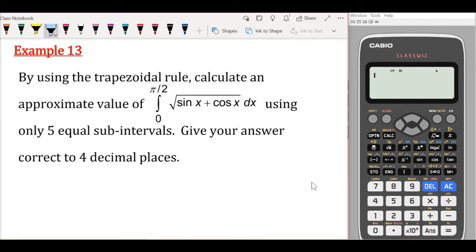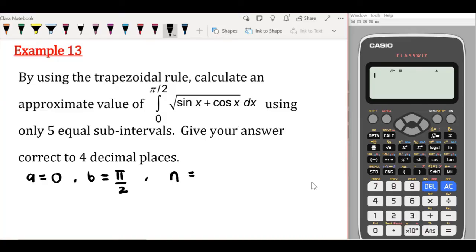So based on the formula, before we start computing, we must determine three main things first. First is a. A in this case is the lower limit, so it's 0. Next, our upper limit, or b, in this case is pi over 2. And then the last one would be n, or our interval.